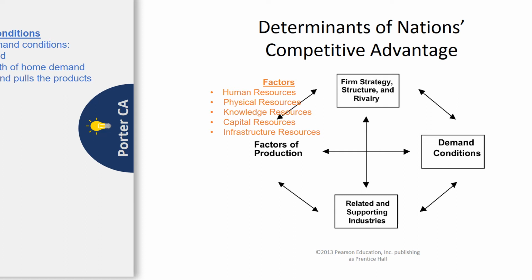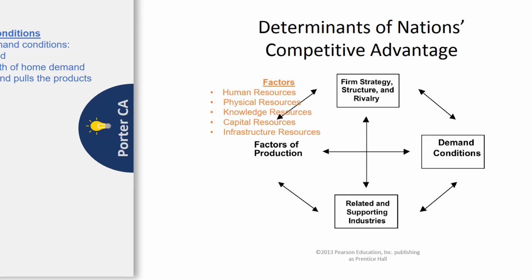Porter argues that basic factor conditions do not generate competitive advantage, and that's because they can actually be obtained by anyone if they just apply money to the problem. Only advanced factor conditions can generate real, true competitive advantage.